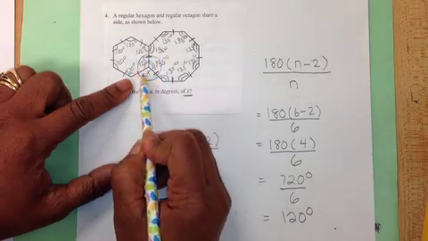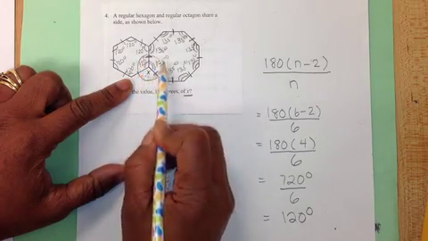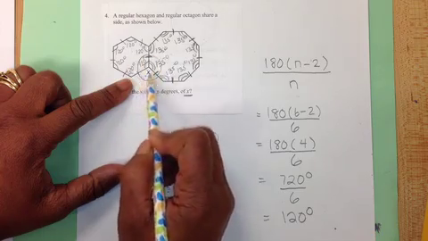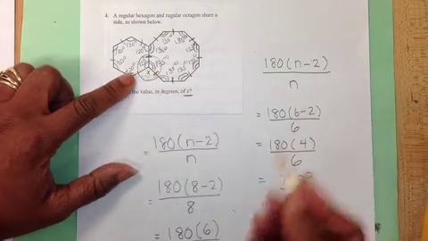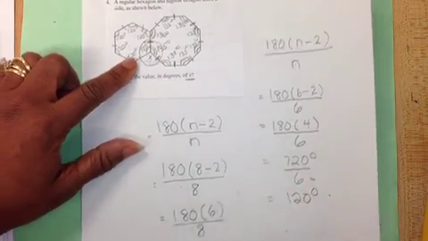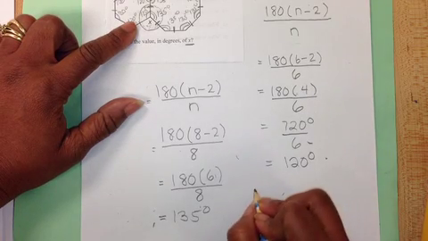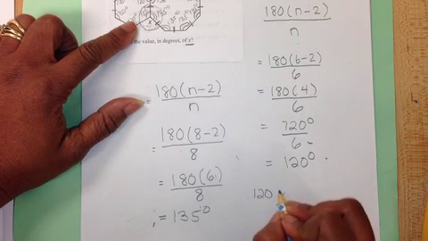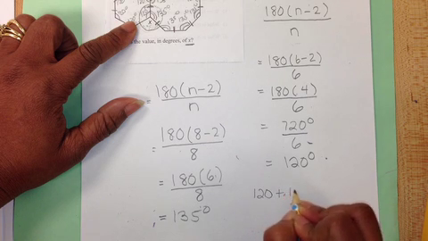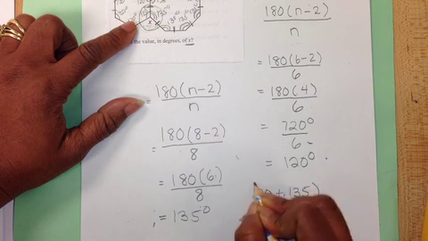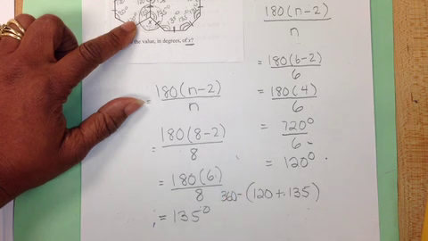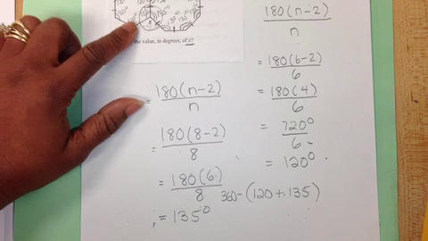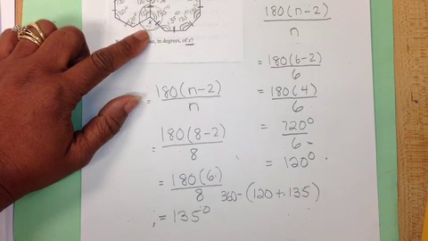A circle is equal to 360 degrees. So therefore, I would now add 120 plus 135 and subtract that from 360. And that will give me the value of x.